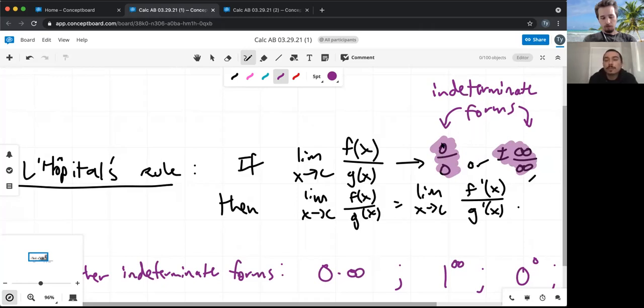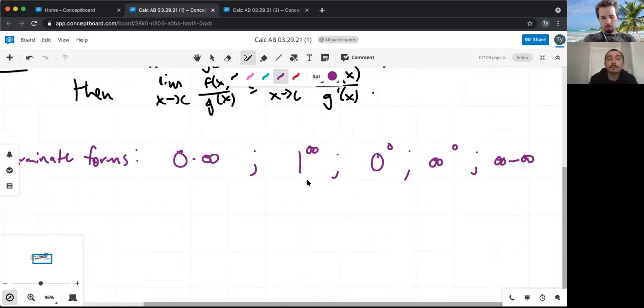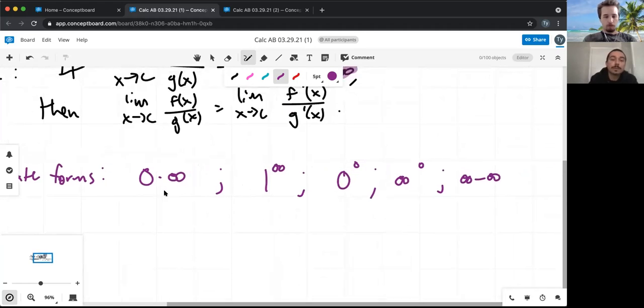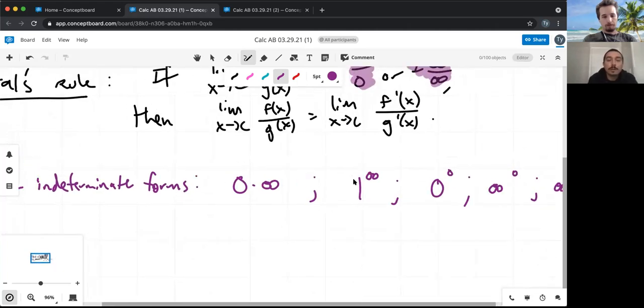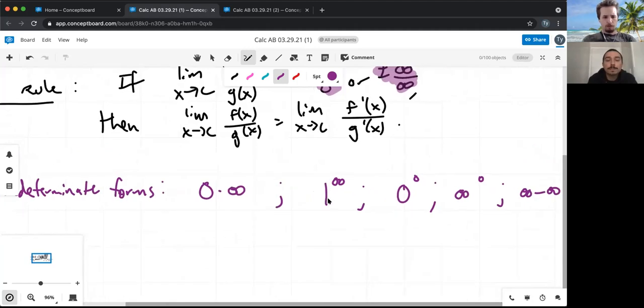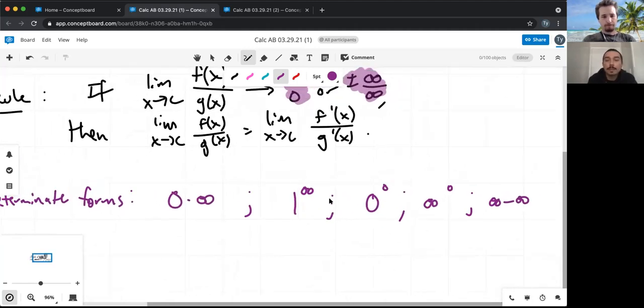So these 0 over 0 and plus or minus infinity over infinity are what we call indeterminate forms. There are other types of indeterminate forms. For example, 0 times infinity, 1 to the infinity, 0 to the 0, infinity to the 0, and infinity minus infinity. So all these indeterminate forms basically just mean we can't really tell what's happening in the limit because these are extreme cases. When things are multiplied by 0, they go away, right?